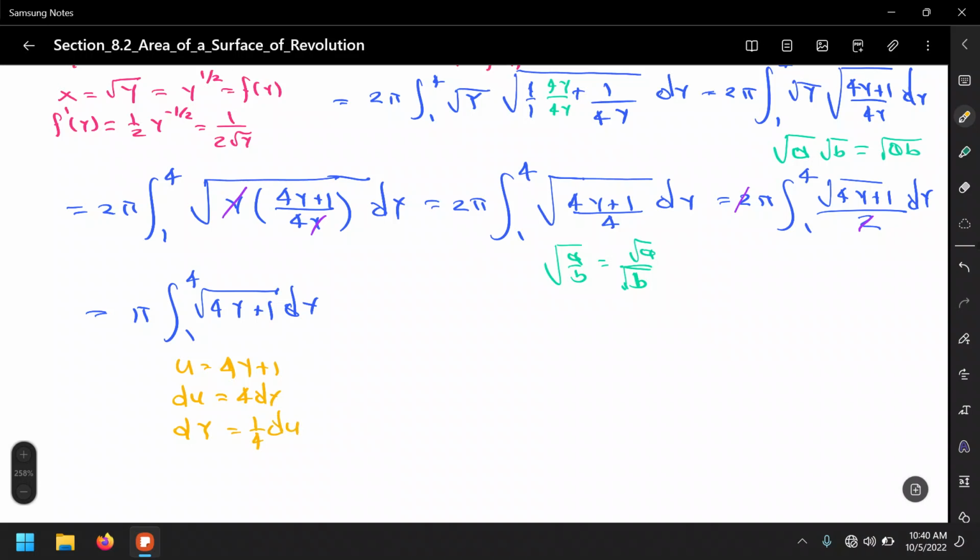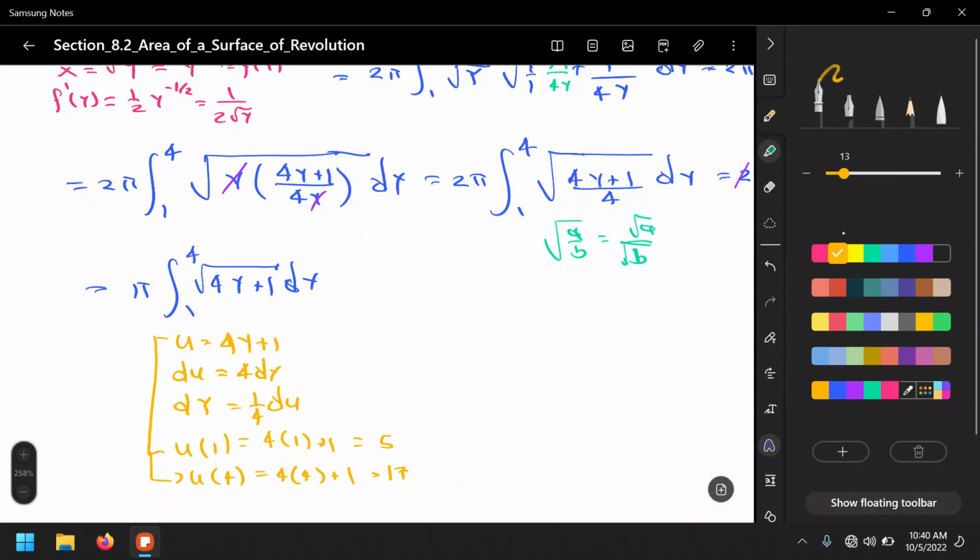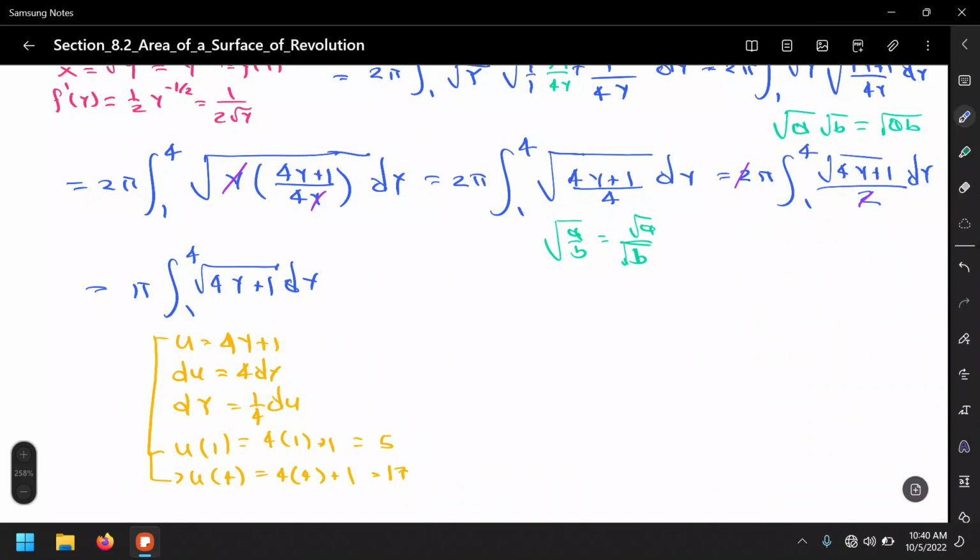Let's also change our limits of integration. u of 1 and u of 4: that's 4 times 1 plus 1, 4 times 4 plus 1, which is 5 and 17. So that becomes the integral, not from 1 to 4 but from 5 to 17, of the square root of u, 1/4 du, with the pi outside.